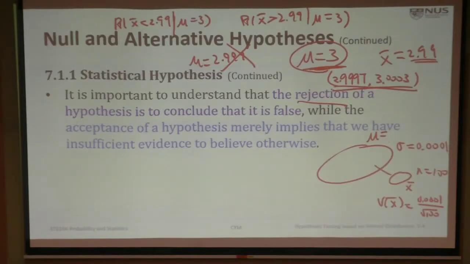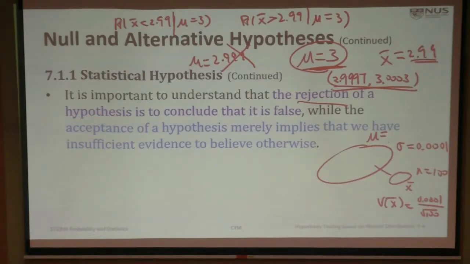Why is there another 0? Because it's divided by the square root of 100. So my point is, you cannot just look at the value of X bar. This is important: you have to take into consideration the variation of the data, or the standard error of X bar, how X bar varies. In fact, X bar varies in a very small range. So if mu really equals 3, you shouldn't see 2.99 for X bar.